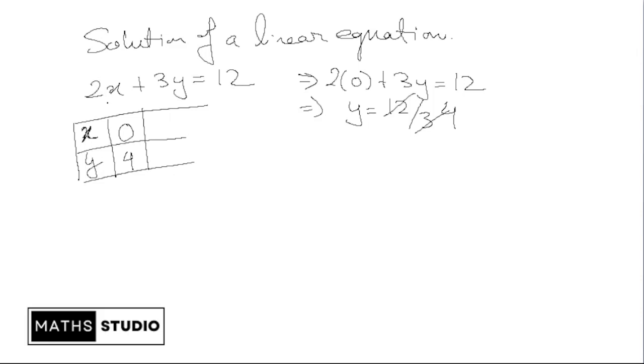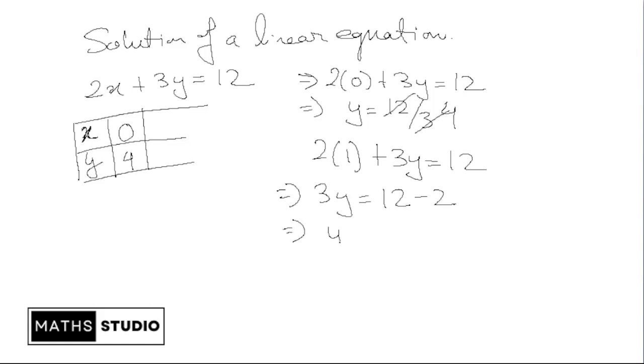What if x is equal to 1? Now if x is equal to 1, I'll place the value of x as 1 and we'll try to find the value of y. So this becomes 2 ones are 2 and it goes on the other side. So we'll have 3y equal to 12 minus 2. This implies y equal to 10 by 3. Okay. So when the value of x is 1, the value of y is 10 by 3.